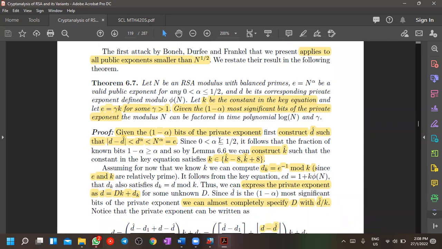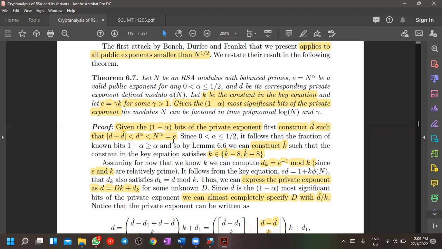Since alpha is between 0 and half, it follows that the fraction of known bits, 1 minus alpha, is greater than alpha. By lemma 6.6, we can construct k hat such that the constant in the key equation satisfies this condition. We assume that we know k, so we can compute dk equal to e to the power of -1 mod k, since e and k are relatively prime.